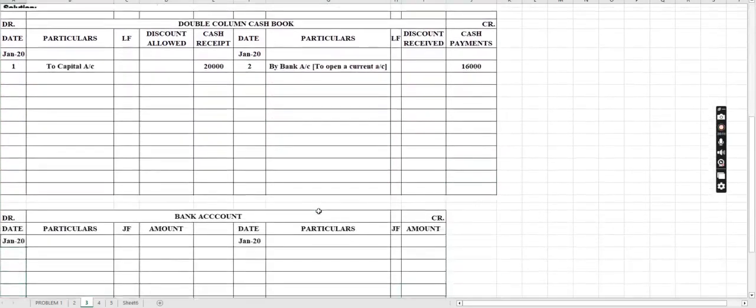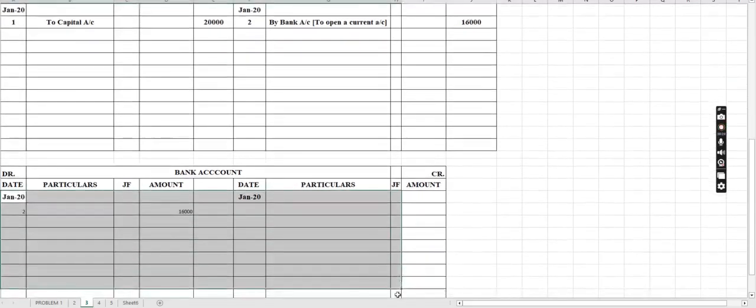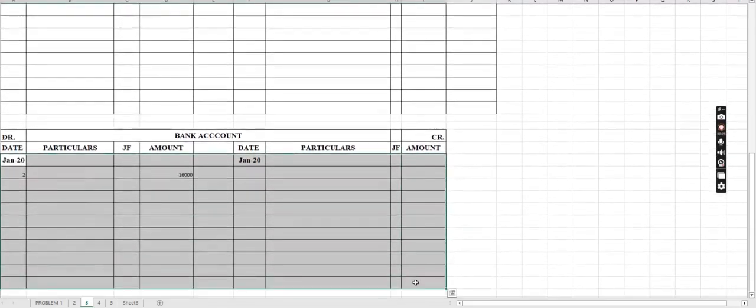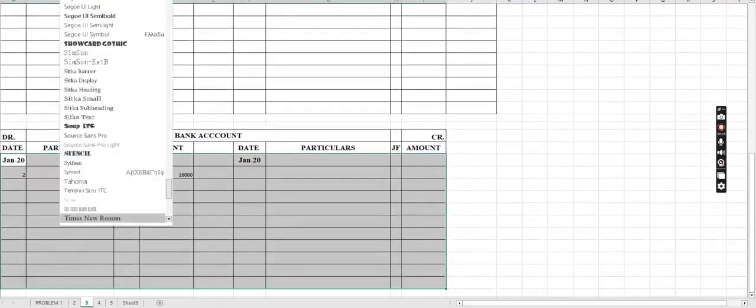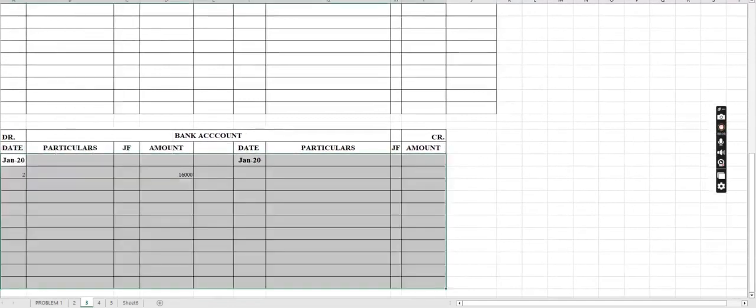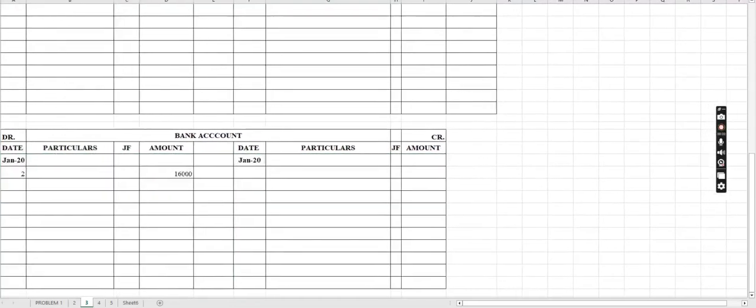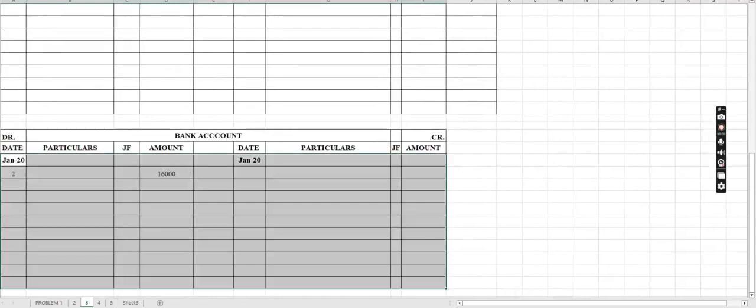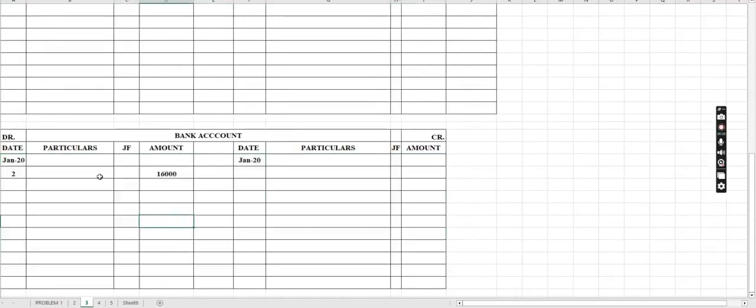So we have to show that in the bank account also on second, an amount of 16,000 has come. Let me make this a format: Times New Roman, size 14, bold. How has it come?